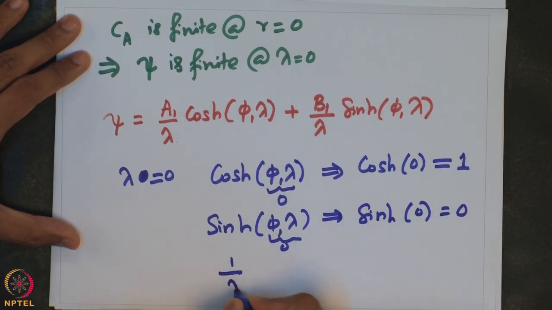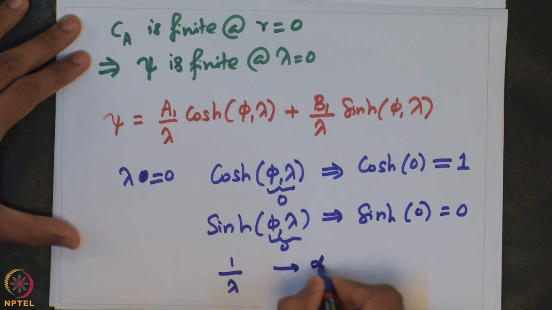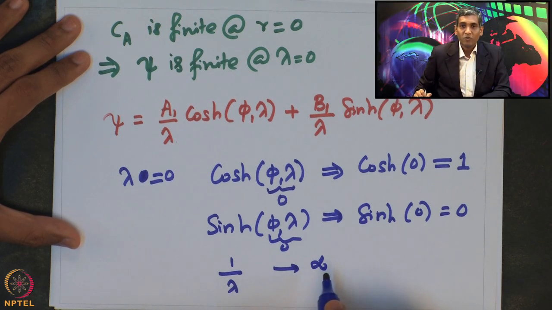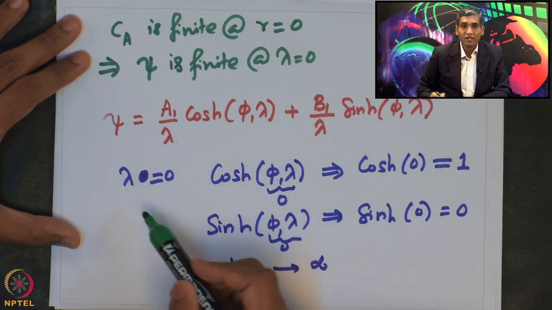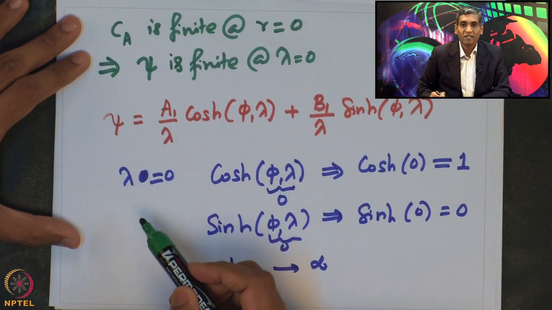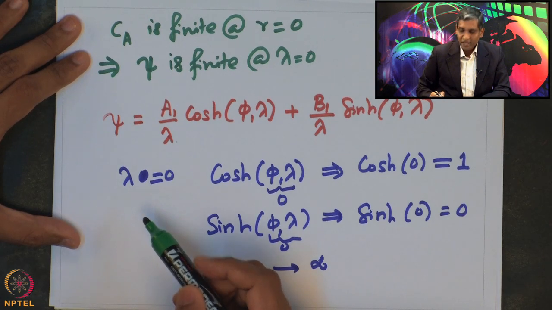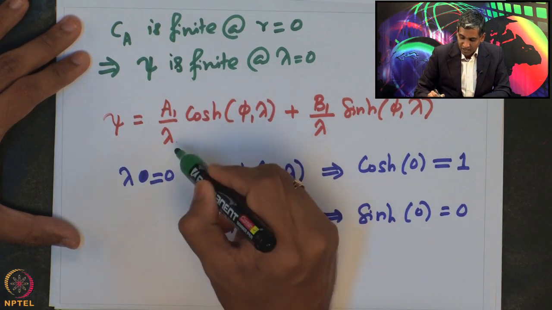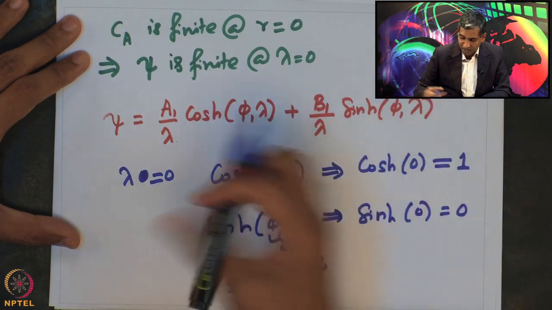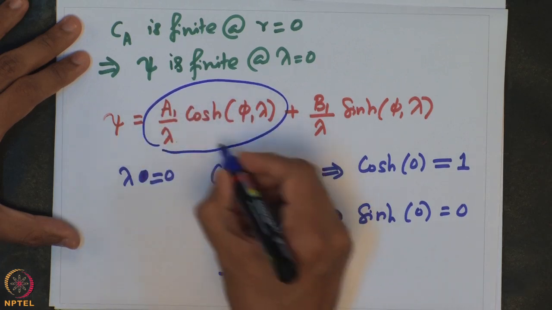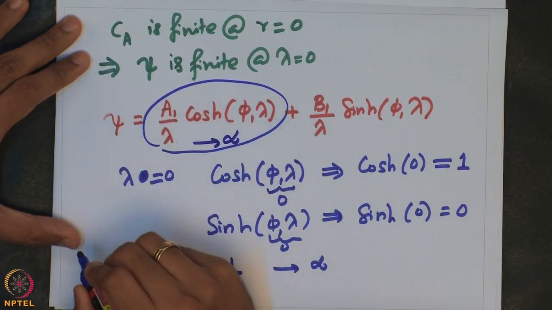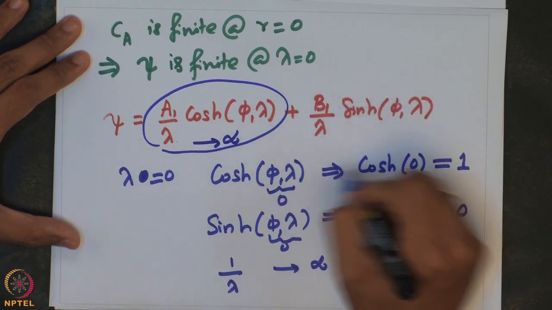What about 1 by lambda? 1 by lambda tends to infinity at lambda equal to 0, that is at the center of the catalyst pellet. So what we have is that in this boundary condition at lambda equal to 0, the first term tends to infinity, because we have a 1 by lambda term here, and the other quantity is bounded.